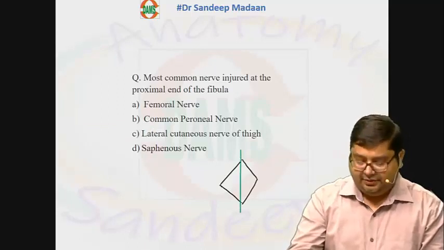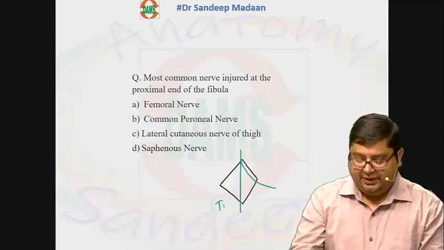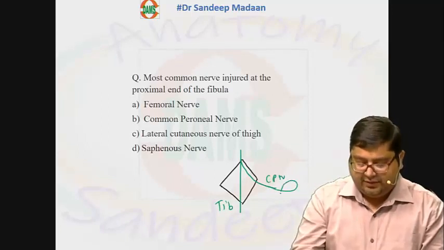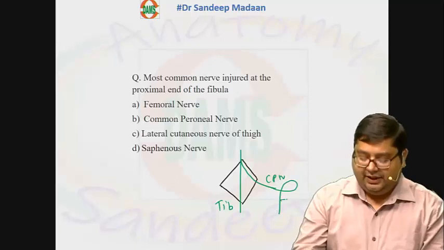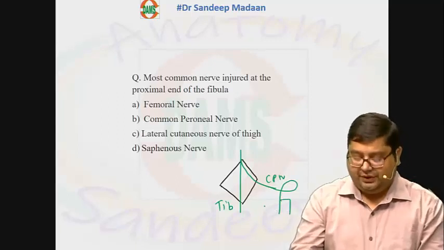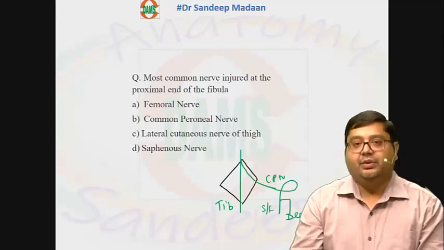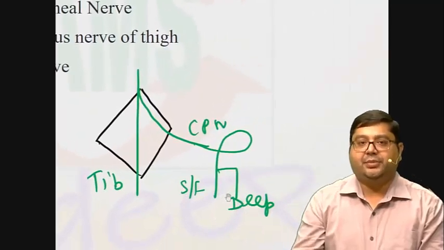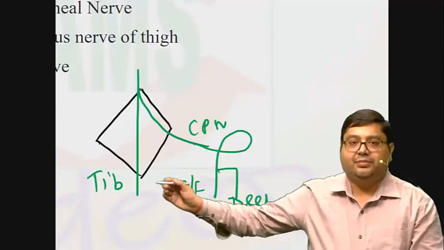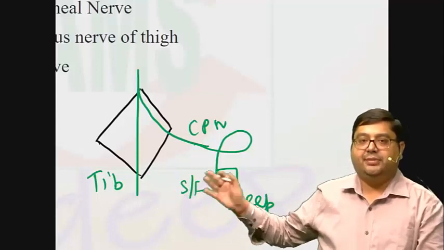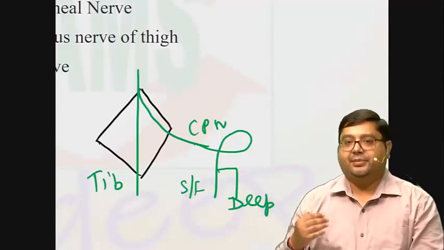It will divide into two divisions, that is tibial and common peroneal. Common peroneal will wind around the neck of the fibula, and after that it will divide into two divisions, superficial and deep. So basically we have three nerves for three compartments: tibial for the posterior compartment, superficial for the lateral compartment of the leg, and the deep for the anterior compartment of the leg.